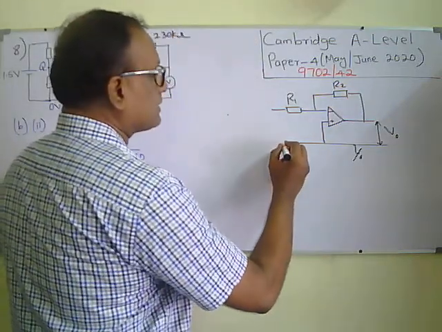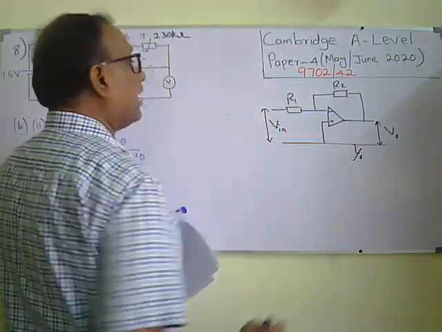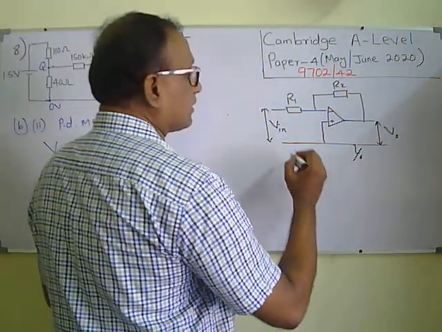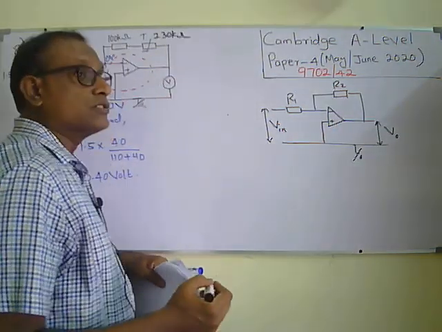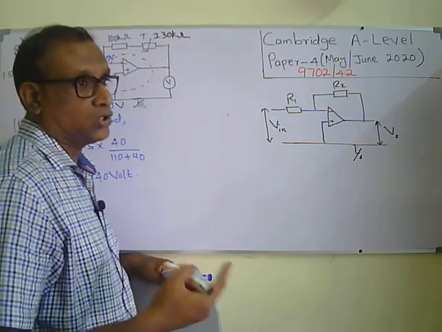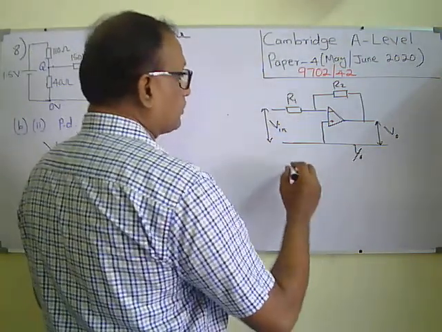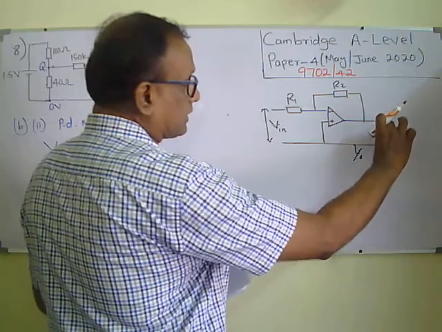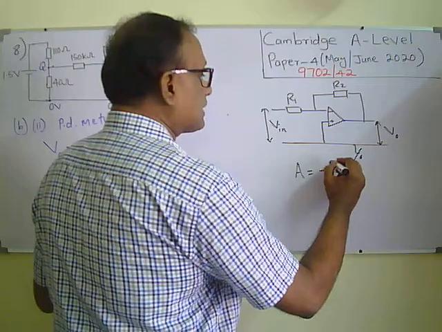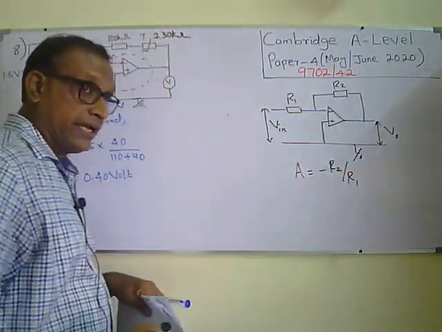Here this is the input voltage, and this is called closed loop gain. Closed loop means whenever there is negative feedback; without negative feedback, it's called open loop gain. So this is closed loop gain because the input is applied here, the output is here, and there's negative feedback. There the gain is given by minus R2 over R1, where R2 is the feedback resistor.